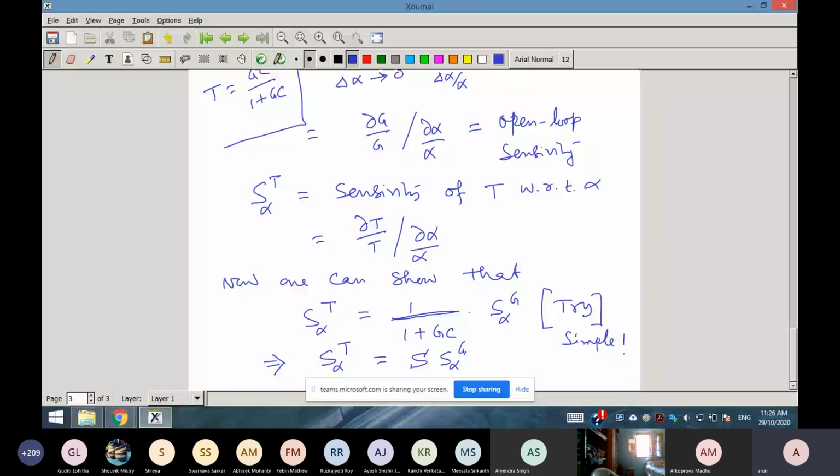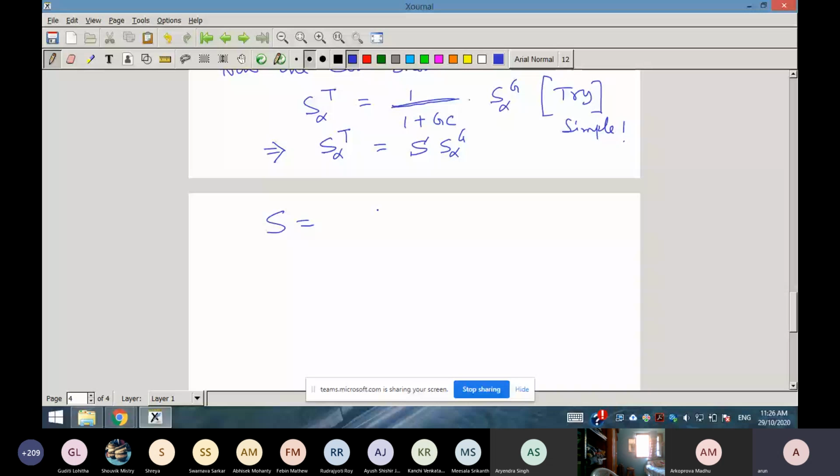This is a very important thing in robust control or advanced control. This is a function, not sensitivity.